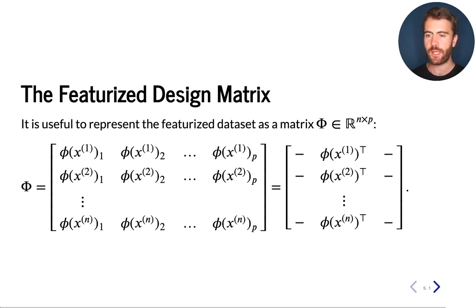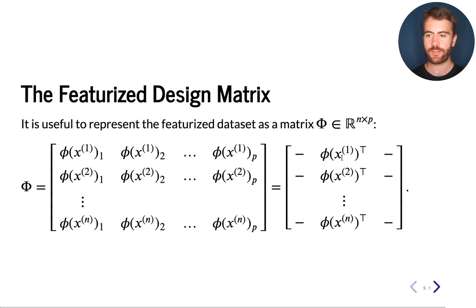So we simply stack all of our input vectors one on top of another to form a matrix, and that was called the design matrix. The featurized design matrix is the same, except that instead of stacking together the raw vectors of attributes, we are stacking here the vectors of features.